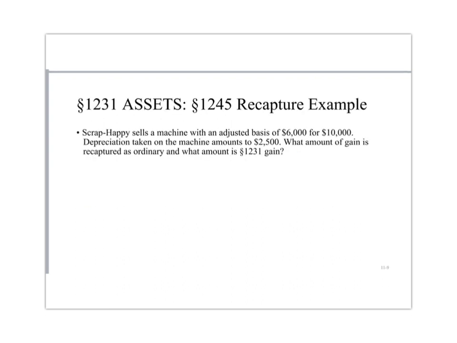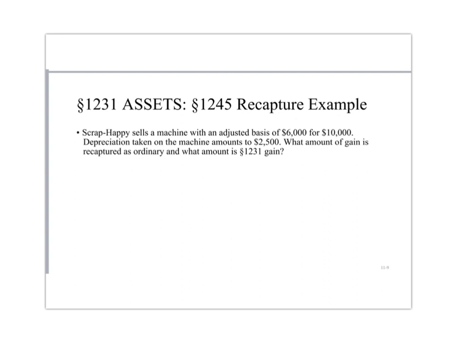All right, so let's look at another example just to make sure we've got everything squared away. We've got a machine with an adjusted basis of $6,000. We're going to sell it for $10,000. It gives us the amount of depreciation we've taken on the machine, and asks what amount of gain is recaptured as ordinary, and what amount is 1231. Well, what do we have to do?